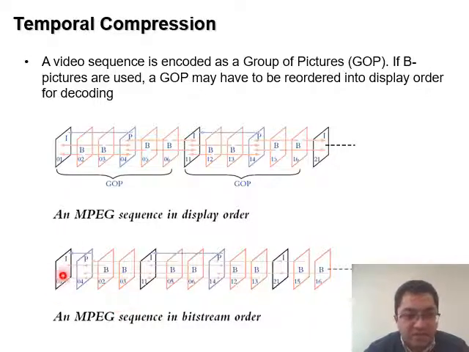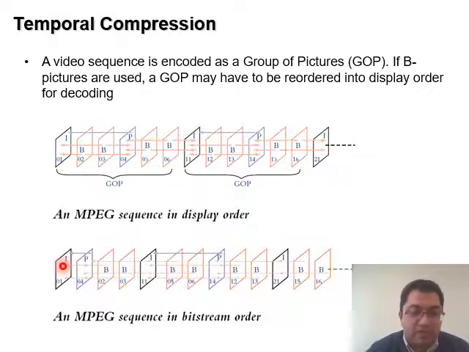So we send this frame first. This is the first frame to send, and then the next frame to send is frame number 4. Why? Because frames 2 and 3 need frames 1 and 4 to be able to be drawn in front of you, and therefore we send frame 1 first and then frame 4. Now by sending this one and this one, we can send these two, but now this one, when it's received, it's not displayed, and this is the idea.